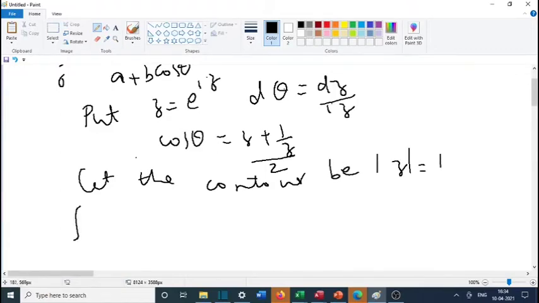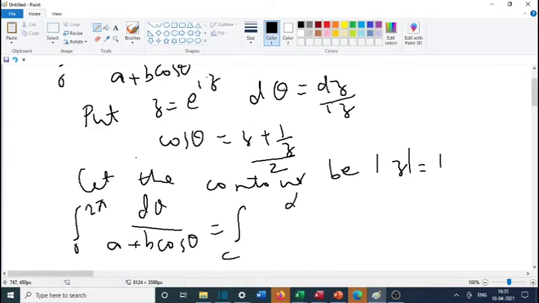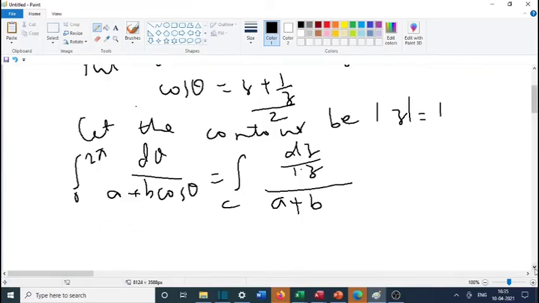So the integral from 0 to 2 pi of d theta by a plus b cos theta is equal to the integral over C of dz by iz by a plus b into z plus 1 by z all divided by 2.